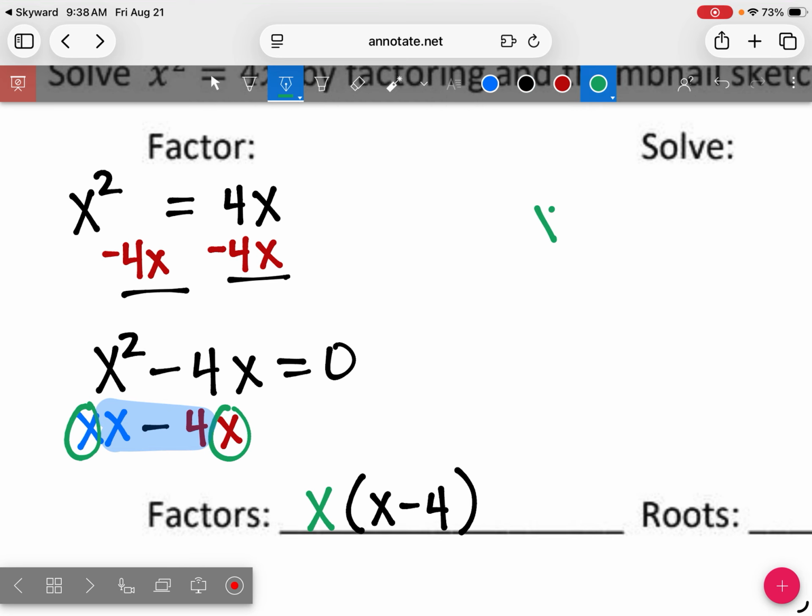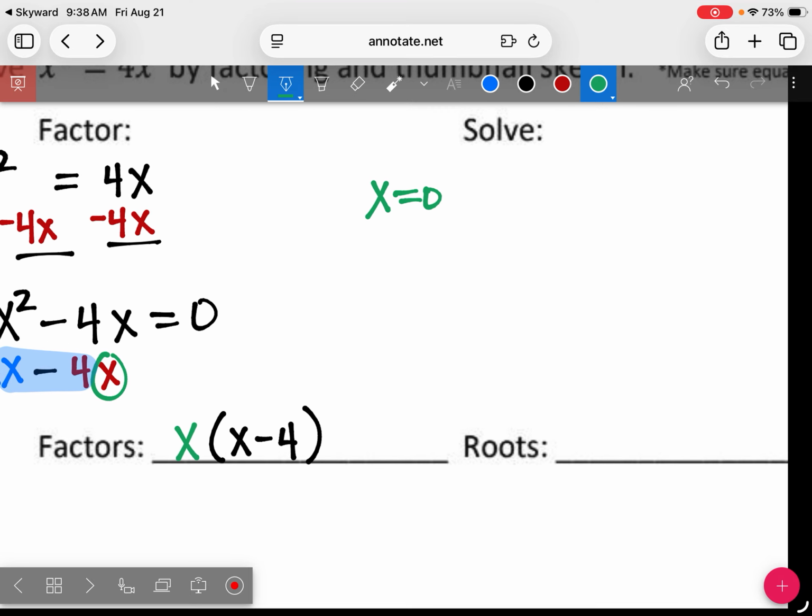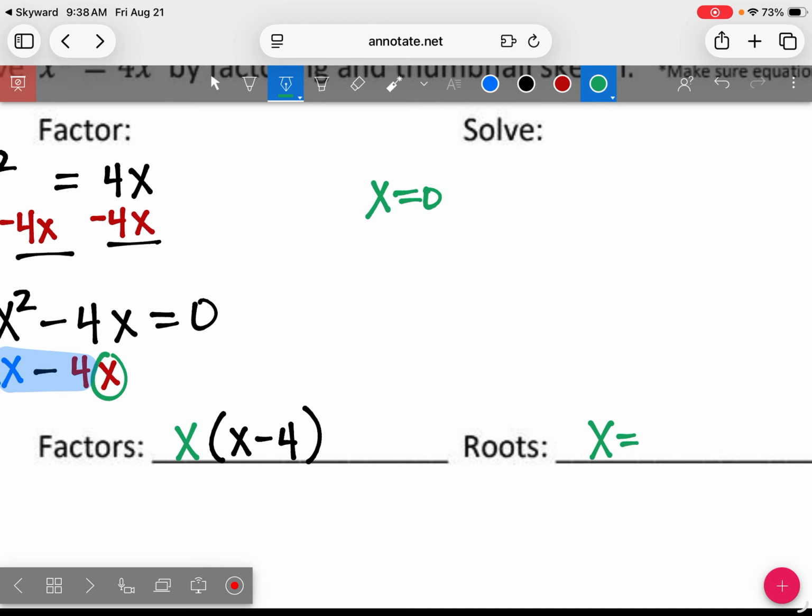All right, let's set these equal to 0. So I'm going to take my x, set that equal to 0. That's already solved. There's nothing we can do with that. So that means 0 is my first answer. And then I'm taking the x minus 4. I'm setting that equal to 0. Go ahead and solve that to get your second answer.